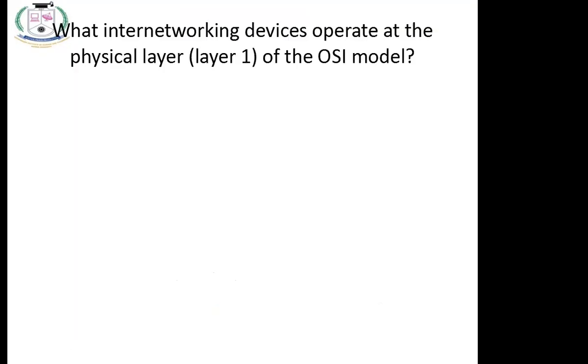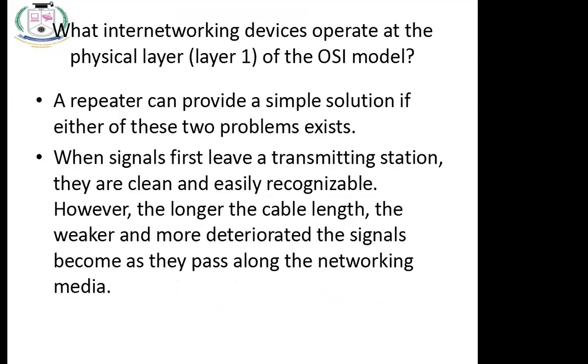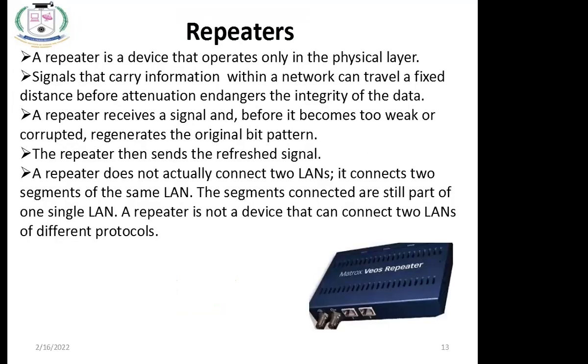The next type of interconnecting device, which is responsible for transfer of data in the physical layer, is the repeater. So repeater, from the name itself, you can make out it is going to repeat what it gets.